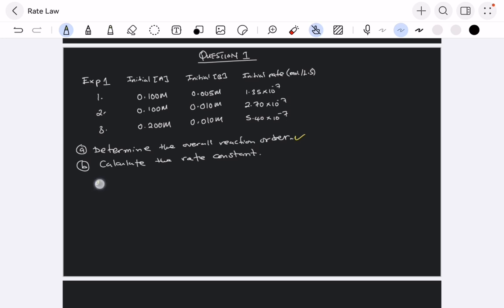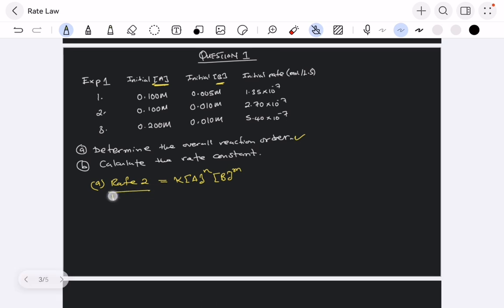So what we do is we'll say rate of experiment 2 is given by K, initial A to the n, then B to the m.